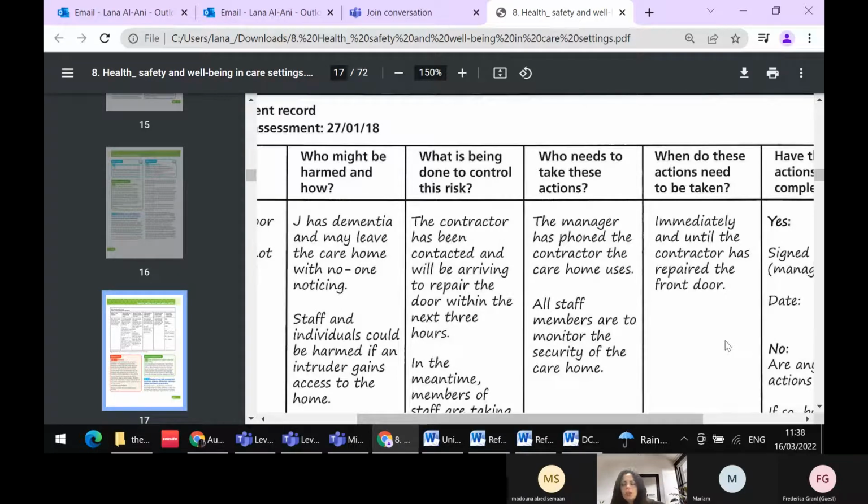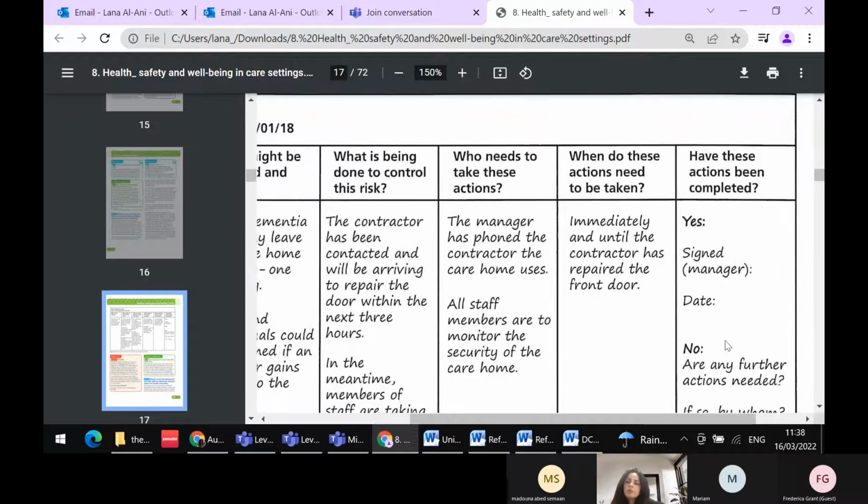People with dementia could be harmed, and anyone from outside could get into the nursing home without permission.